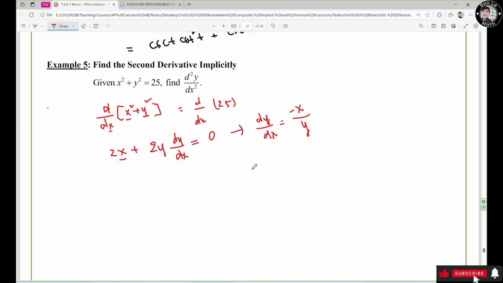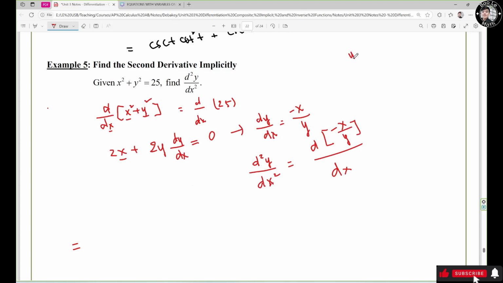y, right? Now I'm going to take the derivative of both sides, so it could be d squared y over ds squared equals the derivative of negative s over y with respect to s, right? So this guy turns out to be, we're going to use the quotient rule, right?